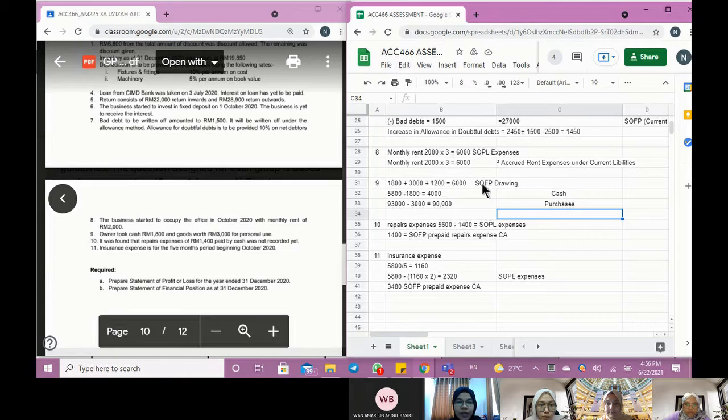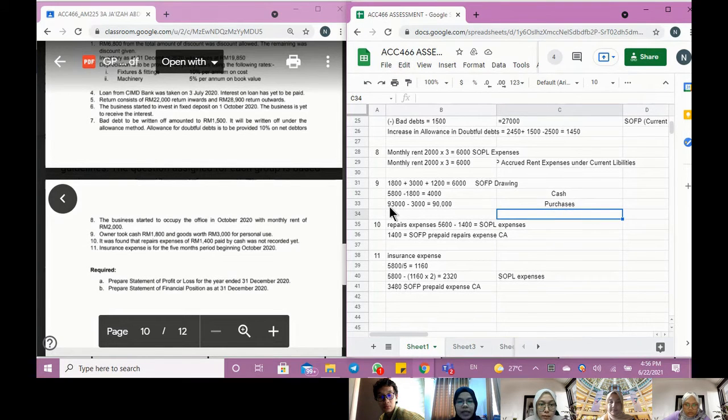The total of drawing is put under owner's equity. Then we can find the cash by minus 5,800 with 1,800, where 5,800 is the total cash given in the table. The total cash, which is 4,000, is a fact under current asset on the statement of financial position.